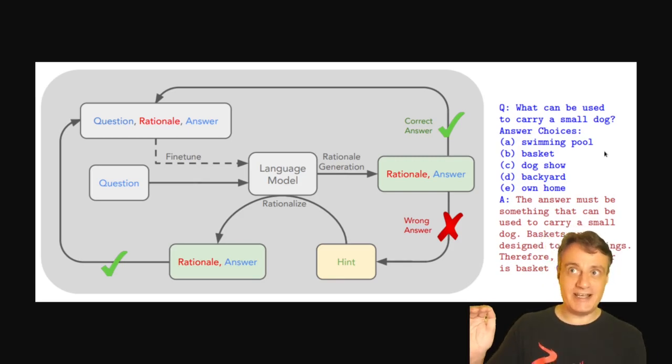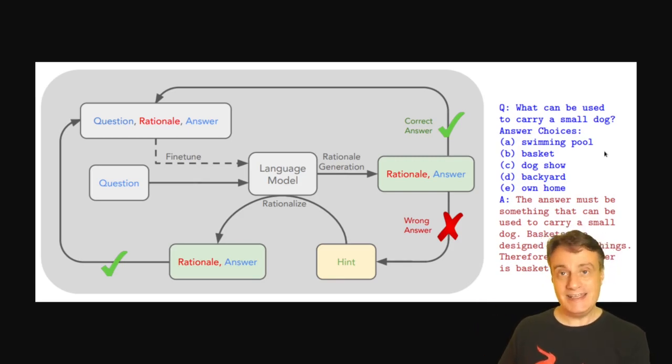So whatever rationale it's going to come to, hopefully it will feel like an idiot if it comes to the wrong answer. So this is kind of where this alternate loop with this hint is basically hopefully leading to another rationale with the right answer. So this enables us to get more rationales, hopefully getting it to get to rationales which are sensible, basically by judging is it getting the right answer or not.